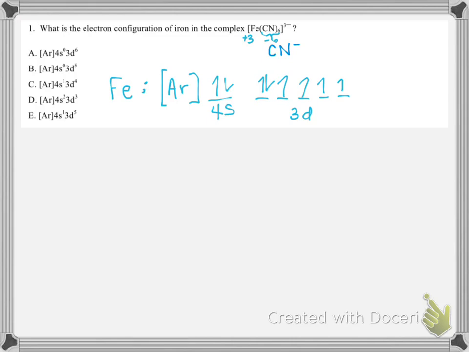If we want to make it 3+ now, we know we have to lose 3 electrons. And so we're going to erase some of these. The ones that we're going to erase first are these 4s electrons. So we'll lose one 4s, we'll lose the next 4s, and then we'll remove this paired 3d electron.